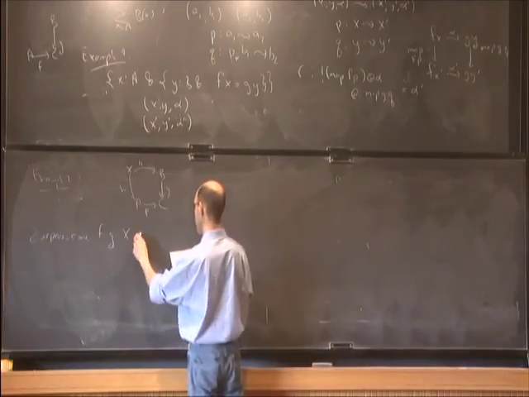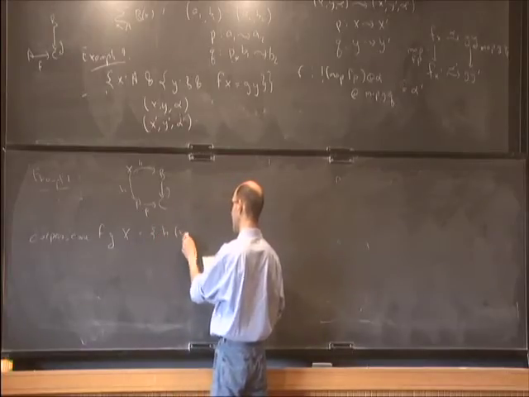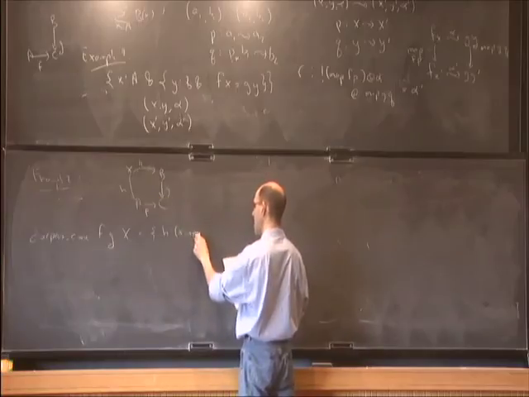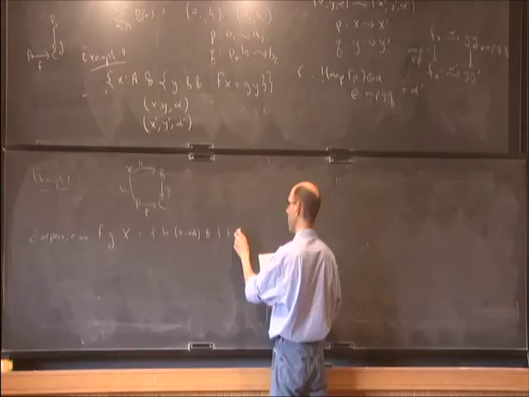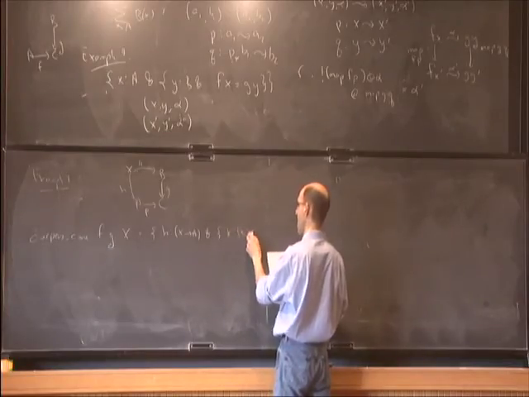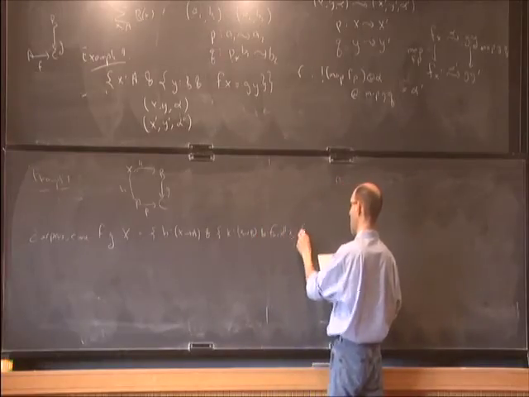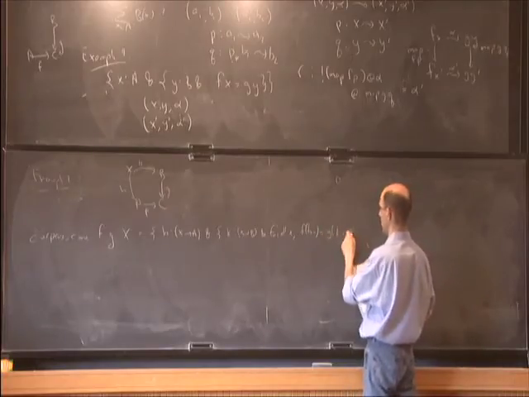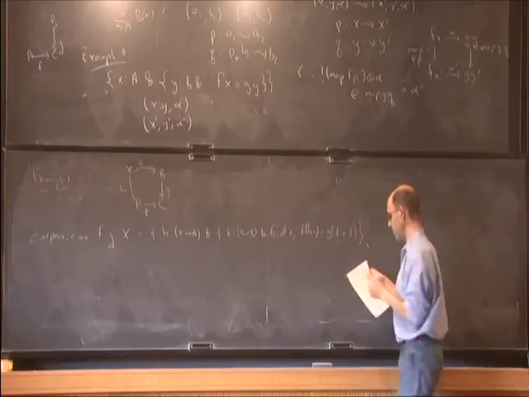An element of that type is a sigma type, so it consists of H from X to A, and K from X to B, and then a proof that for all x, F of H x is equal to G of K x.